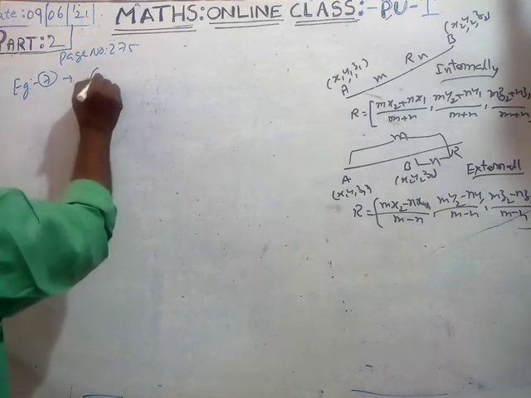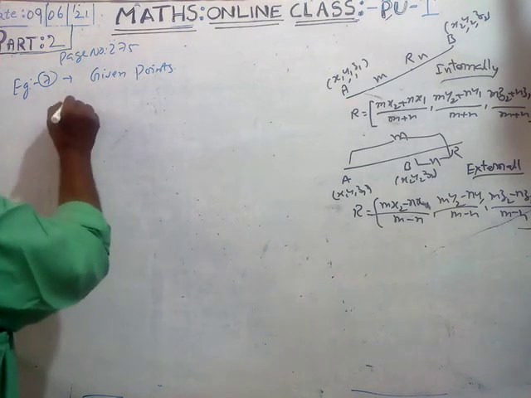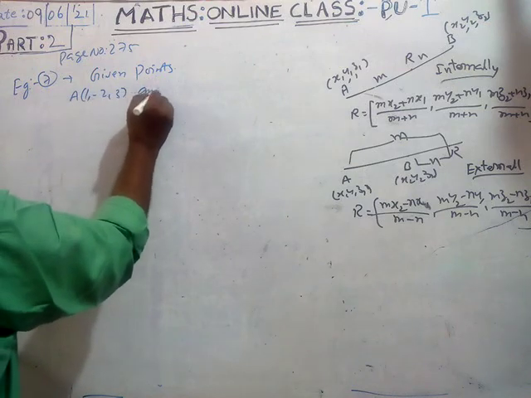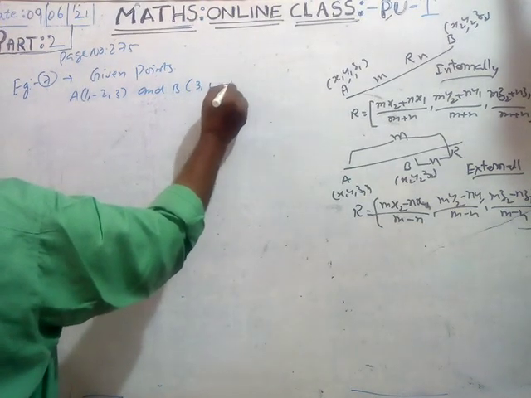The given points are A equal to (1, minus 2, 3) and B equal to (3, 4, minus 5).